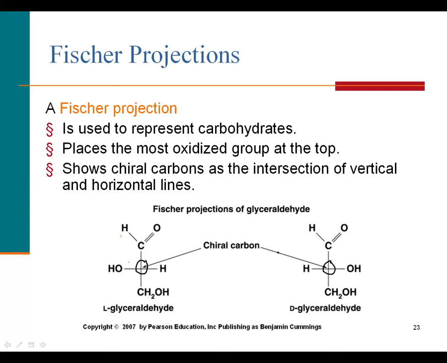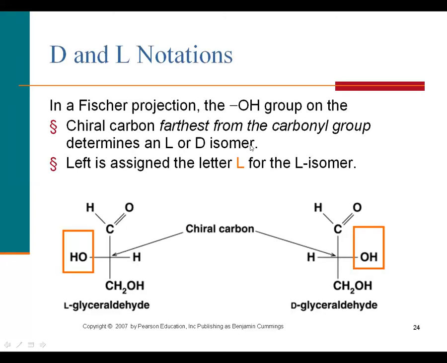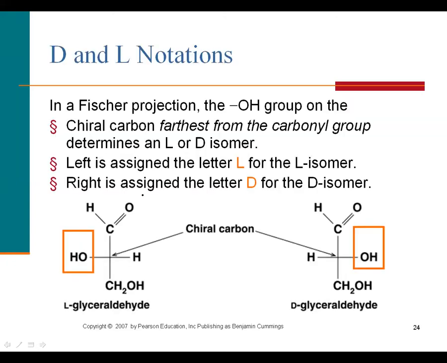On the one on the left, the OH group is on the left, and on the one on the right, the OH group is on the right, which is why the one on the left is L, and the one on the right happens to be D. And that's what we've just been talking about.